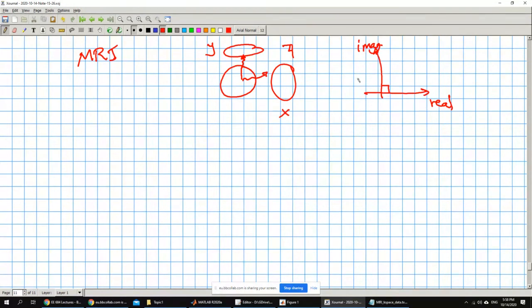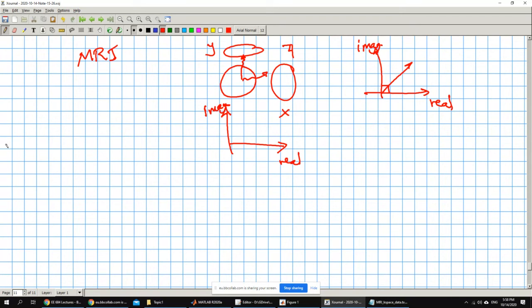So basically, it's exactly the same signal. If you have a signal like this, we'll have a component here and a component there, and they are different by 90 degrees. So if you collect the same signal using two coils, one in the x-axis, one in the y-axis, you can consider this as real and this as imaginary.